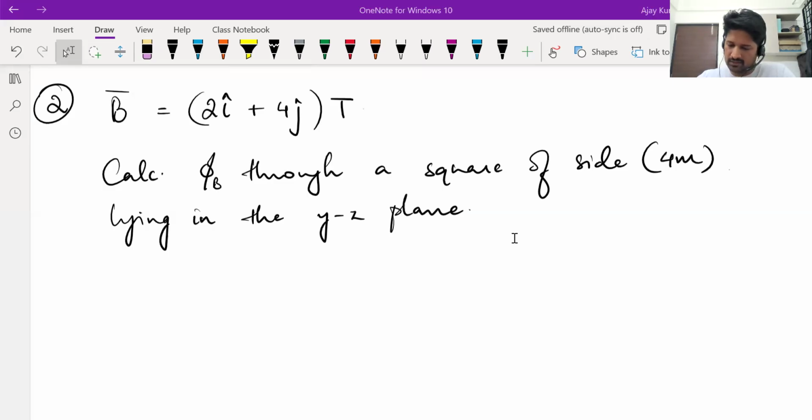I got one answer as 32 Weber, one answer as 0. We'll see.